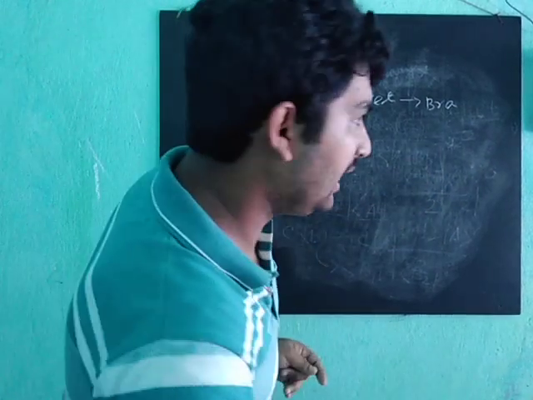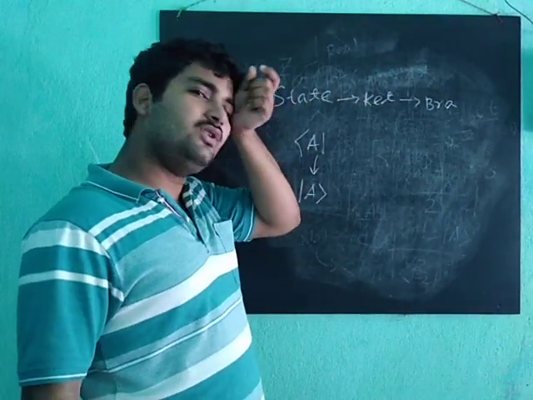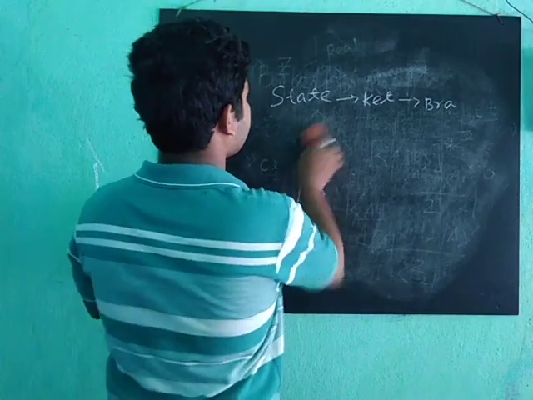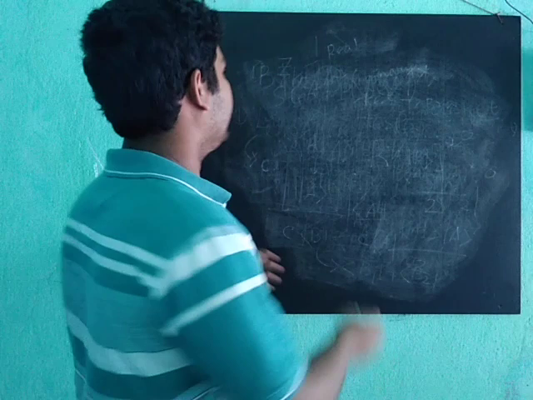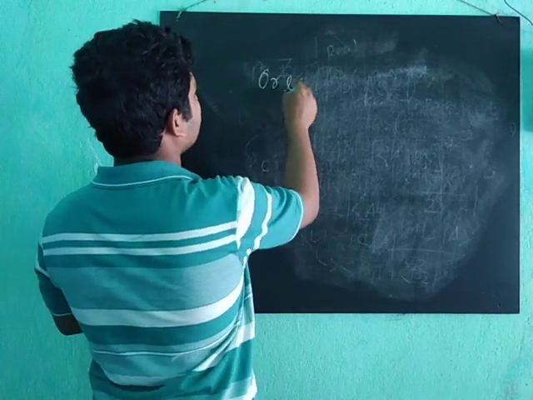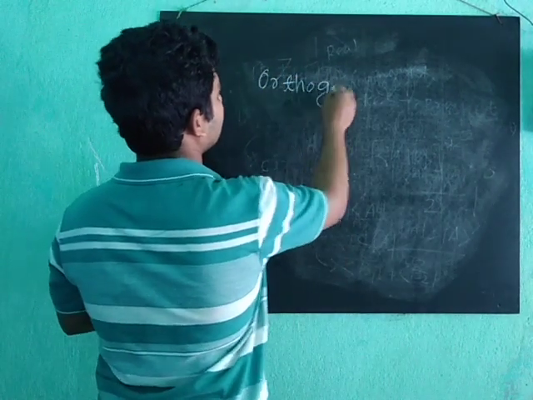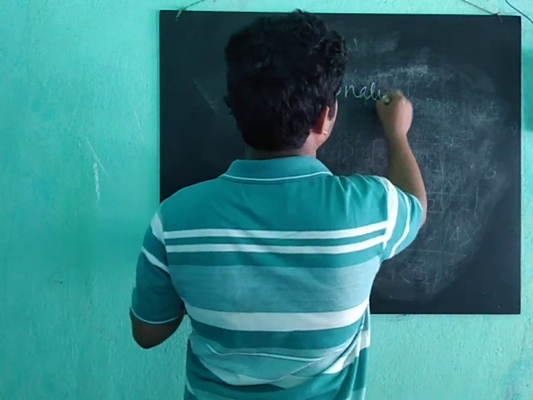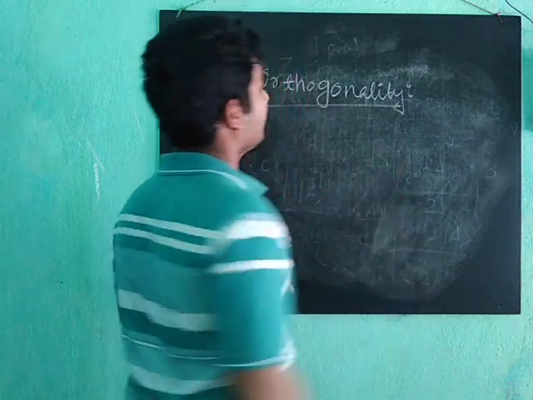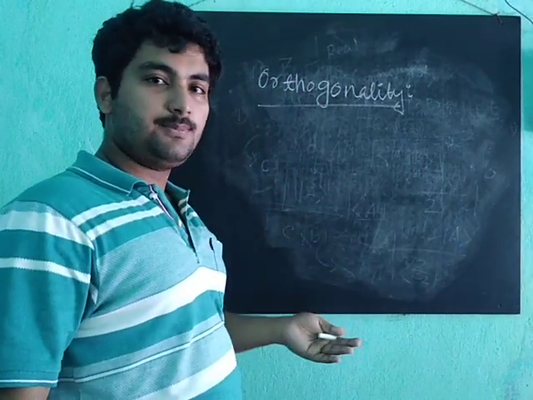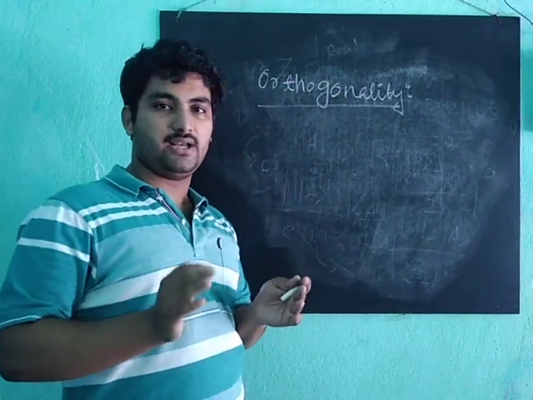Now I am going to tell you about two definitions. One is orthogonality. Suppose you have read about orthogonality in linear algebra.